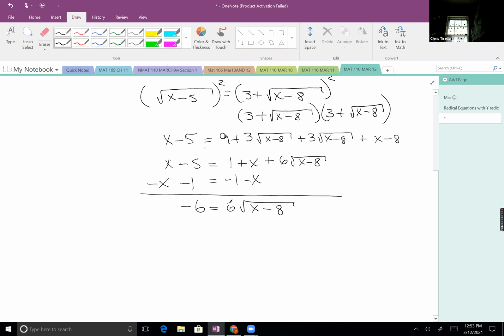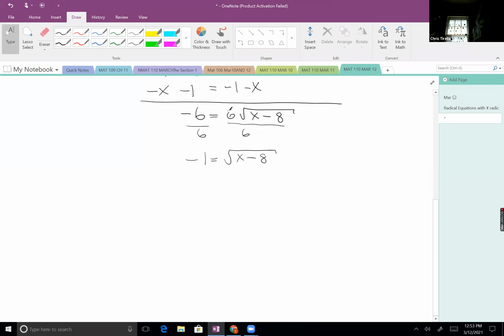And to get that radical all alone, we're going to divide both sides by 6, giving me -1 equals the square root of x minus 8. Oh dear, now what should I do?